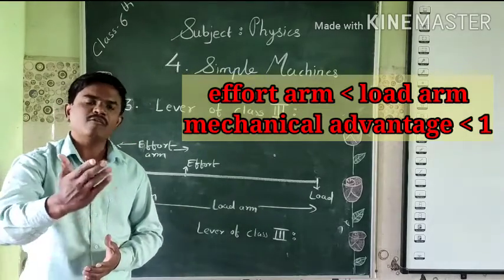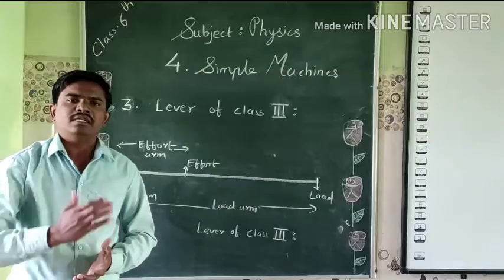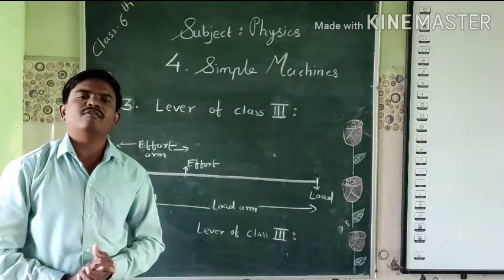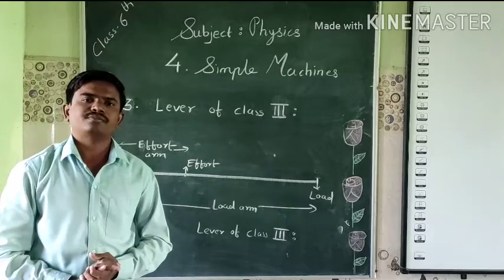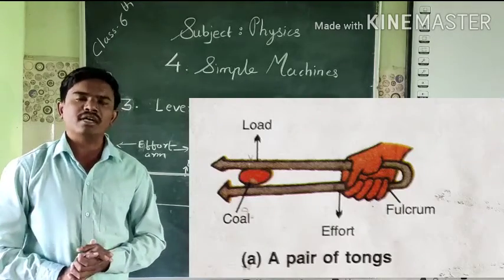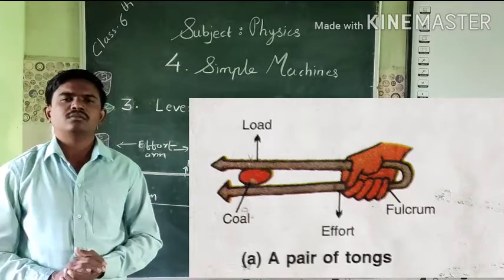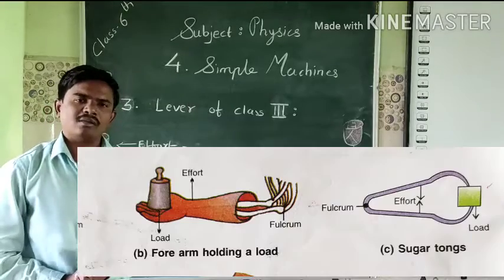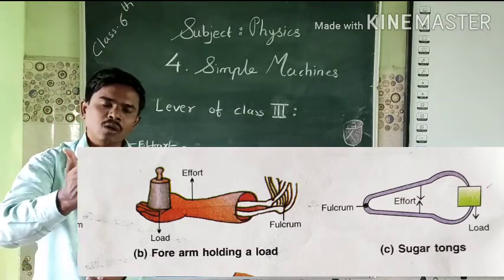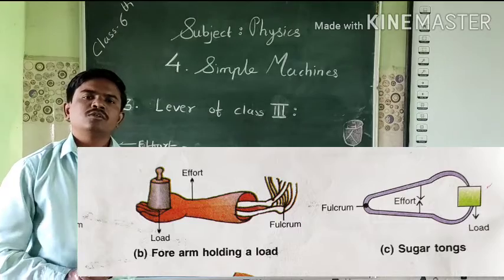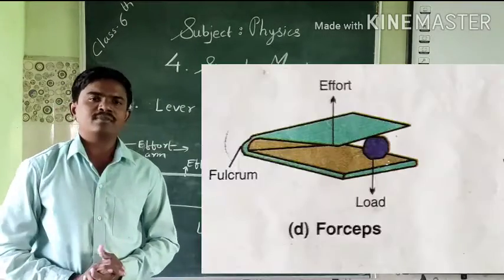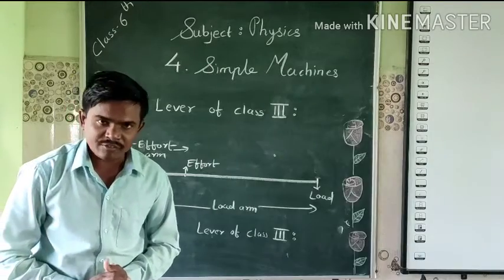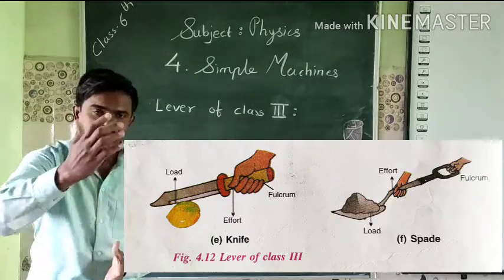The examples of lever of class third are a pair of tongs, forearm holding load, sugar tongs, forceps, knife, and spade.